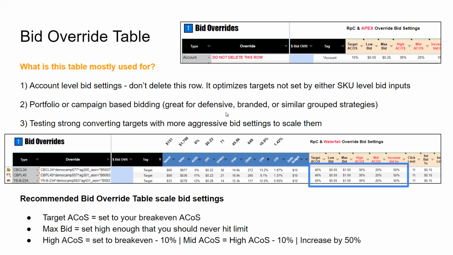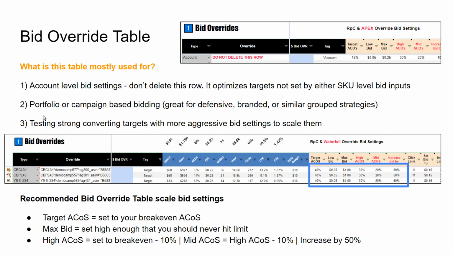It's real easy to just put the portfolio on there and then set some more aggressive bid override settings for those. But by far the most utilized way to use the bid override table is putting high converting targets, and again using some of those quick find filters for your top performers or your top converting rate performers or your top placements. So we've got one for that.